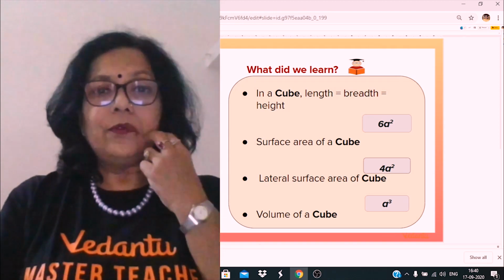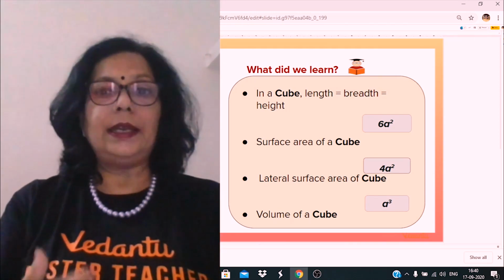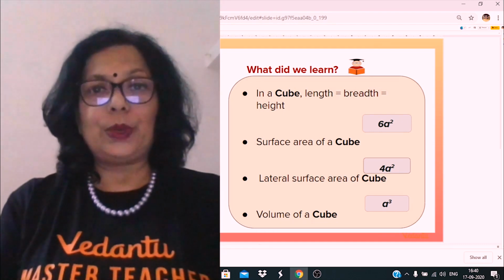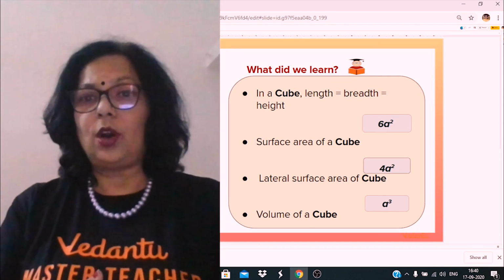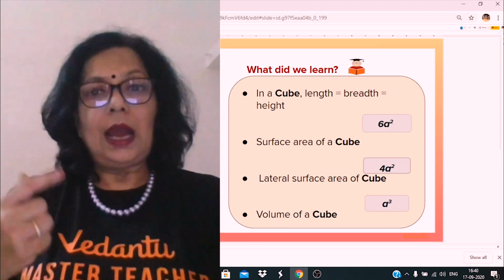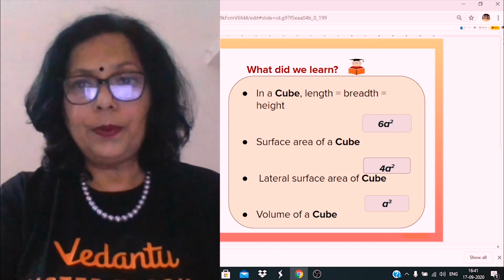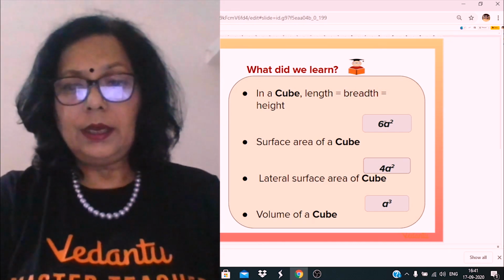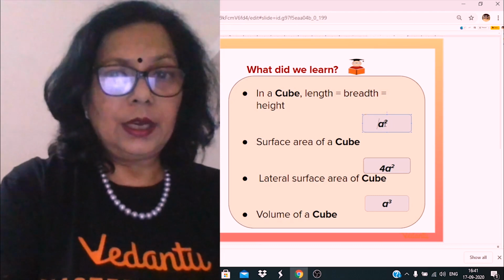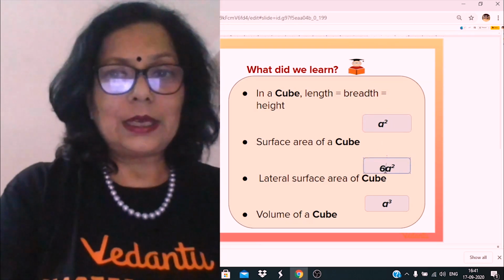Now, what did we learn from here? We learned that in a cube, length, breadth and height are the same. They are equal to each other. Hence, surface area of a cube, total surface area is 6a square and lateral surface area of a cube is, see here, it's a. Then surface area will be 6a square.